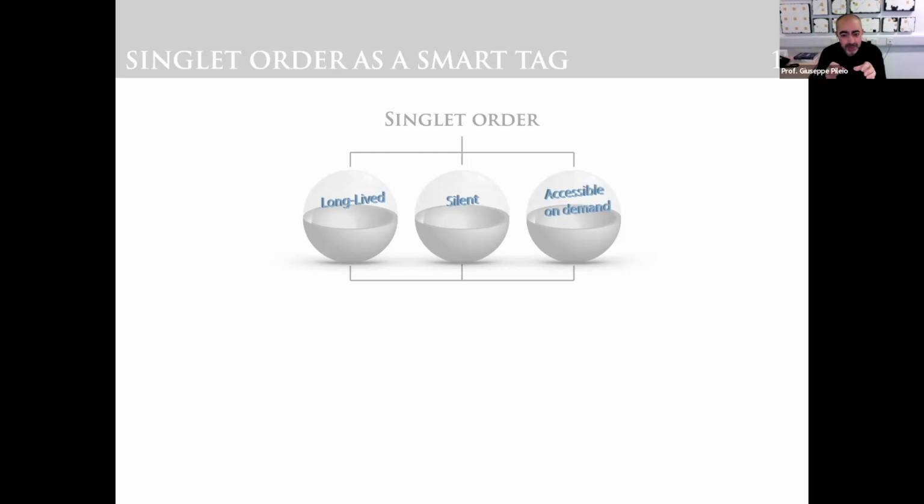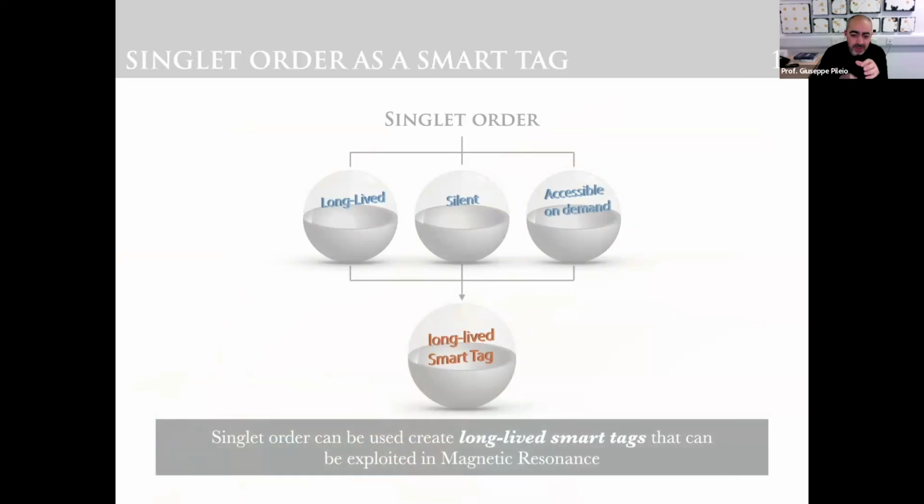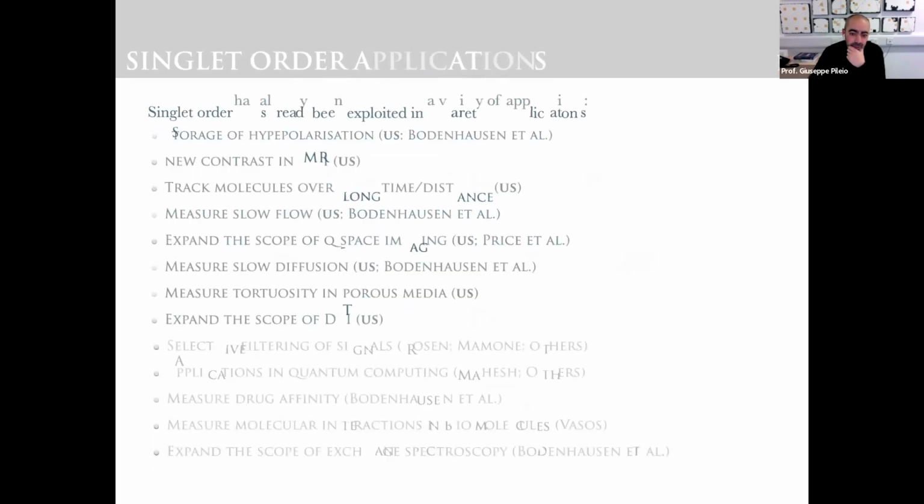Now, if you combine these three things together, what you have in front of you is what would be called a long-lived smart tag, right? It's a tag because you can follow it across long distances or long times, but it's smart because you can actually access it only when you want. So my group now specializes in exploiting these smart tags in magnetic resonance experiments of different kinds.